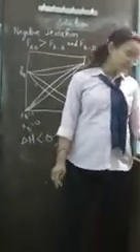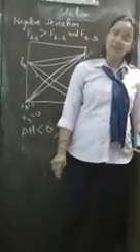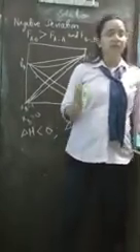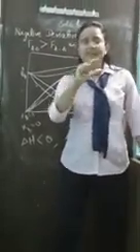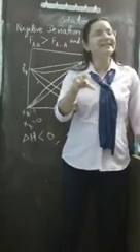Now, what is the meaning of the negative value? Because of the weak AA and BB bonds, these bonds break down easily.